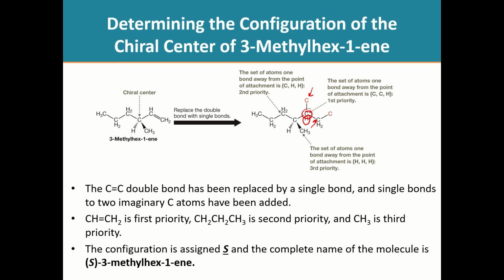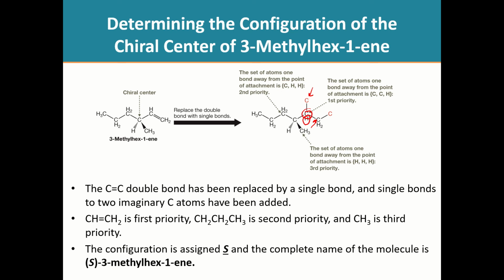And now you just compare these 3 and see which one has the most, which one's the heaviest, really. So if you compare these 2 together, you can see that there's a point of difference at the first carbon. So this one takes priority. This one takes priority.